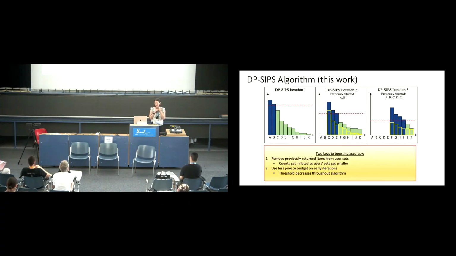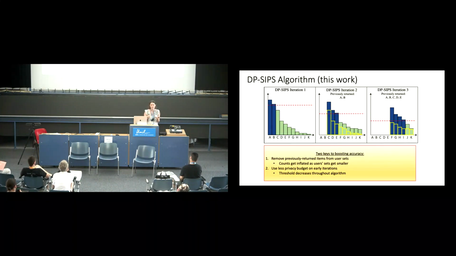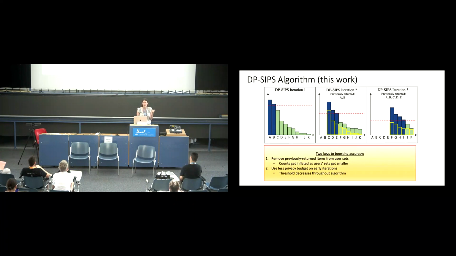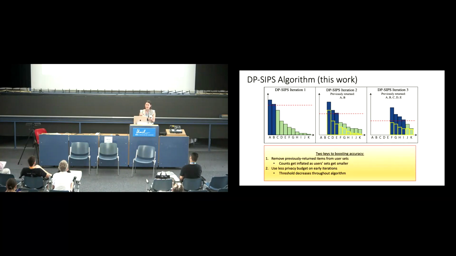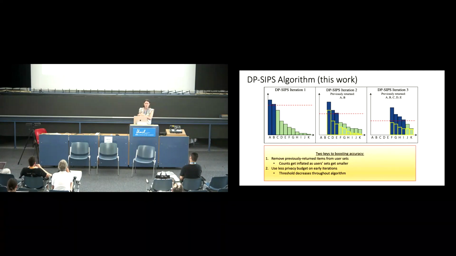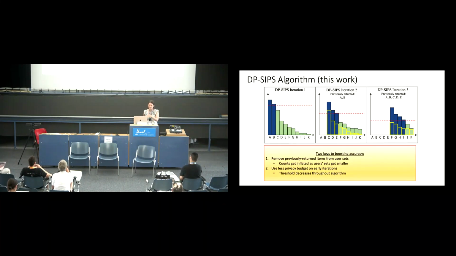And the second is that, the way that we allocate the privacy budget among the rounds, we use a very small amount of budget in the beginning and then use more budget to discover the tail end of this distribution. And so basically the threshold and the noise are decreasing throughout the iterations at the same time that the counts are increasing. And so these 2 actions together increase the number of partitions that we can return.